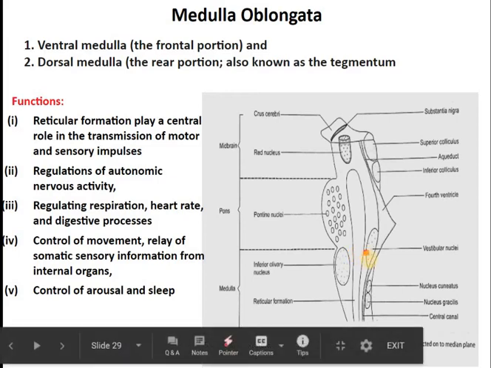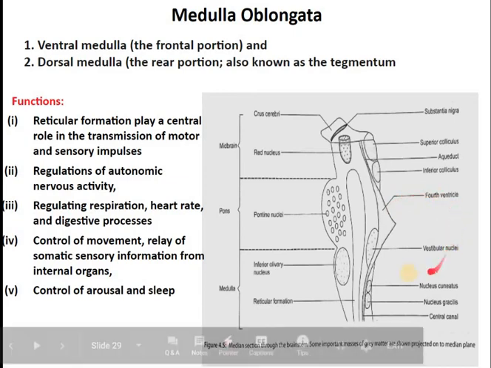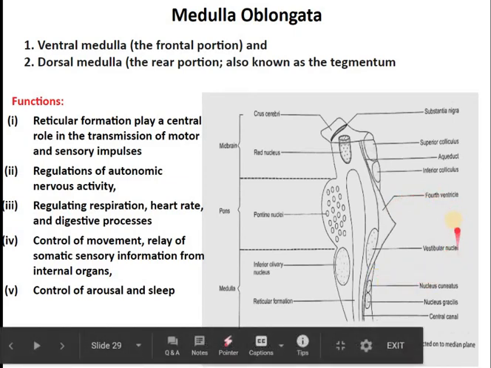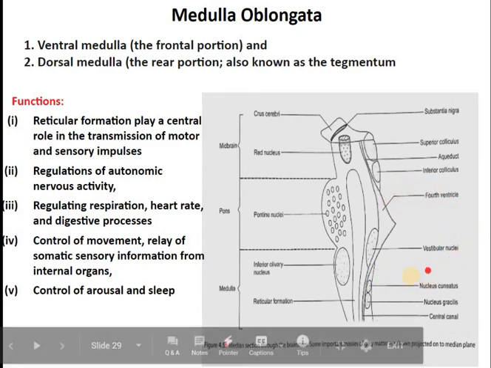This portion is called the tegmentum, and this portion is called the ventral medulla. So it is in front of the reticular formation. These are the main parts. Behind it, we have the cerebellum in this region. It is not mentioned here.